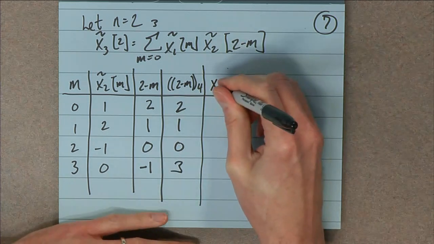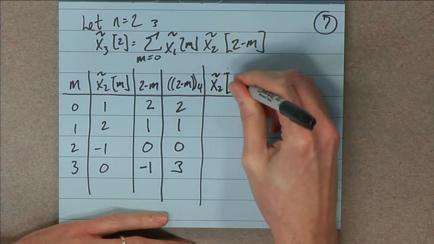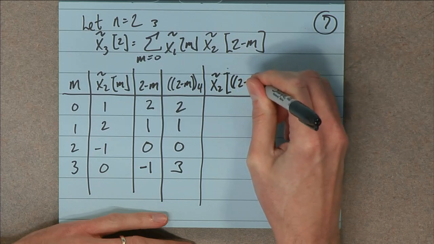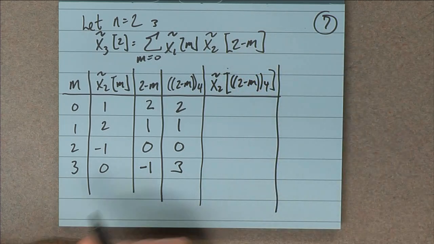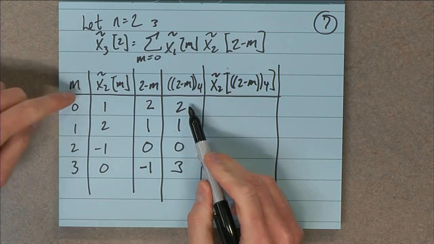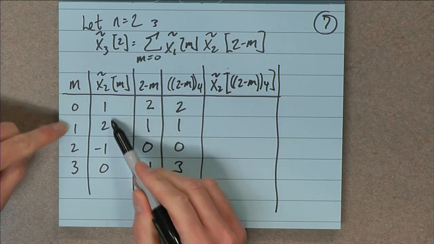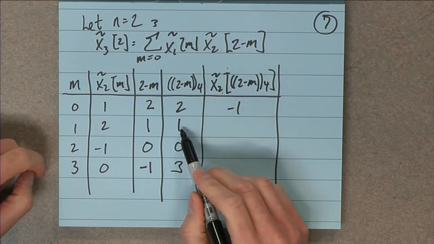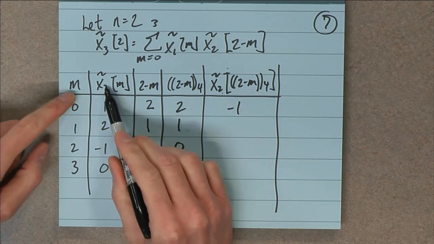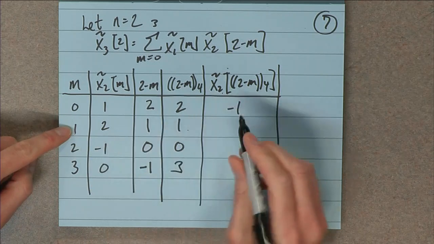And then finally, we have to go evaluate, well, what are all those values now that we've computed modulo 4? So x2 of 2 can come over here to my x2 column, find 2, write down minus 1. x2 with an argument of 1 is what? x2 argument of 1 yields 2.